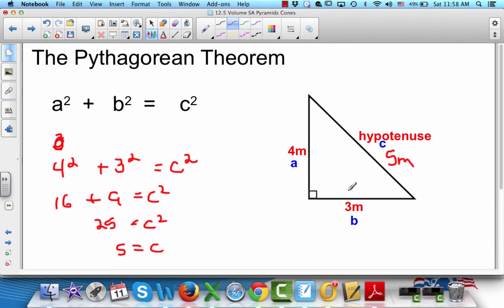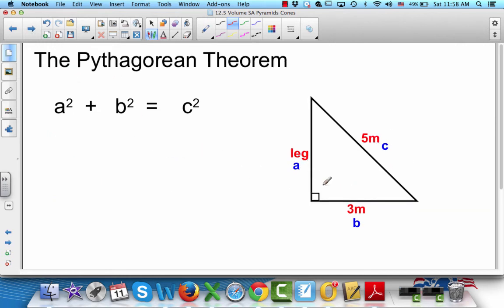All right, now what if you were given different information? This time you're given a leg and the hypotenuse. So if you're given the leg and the hypotenuse, you do it the same way. A squared you don't have. B squared is 3 squared. And c squared is 5 squared.